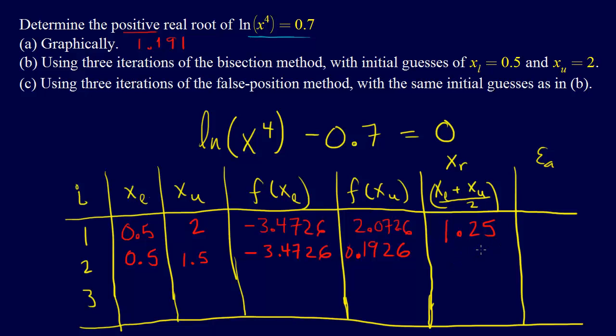We just copy that down, and our lower is again 0.5, and our average is just the average of 1.5 and 0.5. That's 2 divided by 2, which is 1.0. So that's our new root guess. Let's evaluate the function at 1.0.